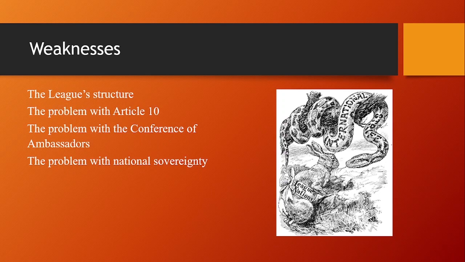It was a messy alternative to the League. It was involved in Vilna, Memel and Corfu, whilst the problem of sovereignty, that the sovereignty of individual nations still reigned supreme in international law, made it difficult for other nations to get involved, and so made the League's work really difficult, at times impossible.